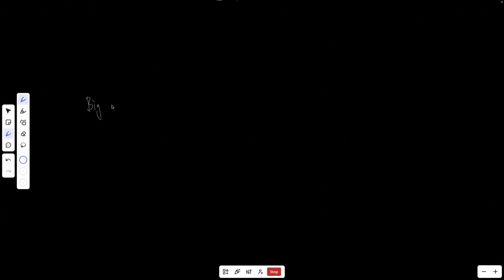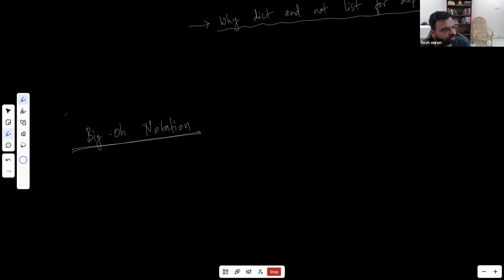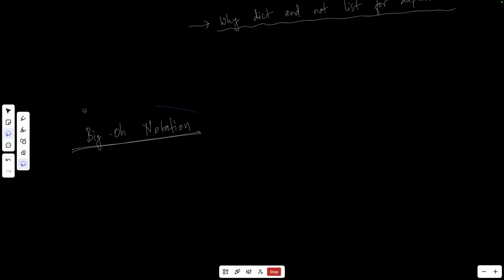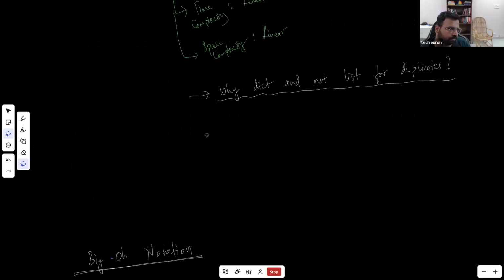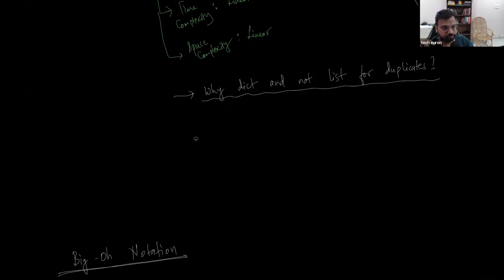Do we give preference to time or space, or both? Depends on the problem. But you have to justify both. If you are in an interview, you have to justify both: I have written this solution, this solution is having this much space, this is having this much time. Sometimes in the question, it will be written that you have to use constant space. If you remember the question we were doing for reverse string, in the question it was written that you have to do it in constant space.